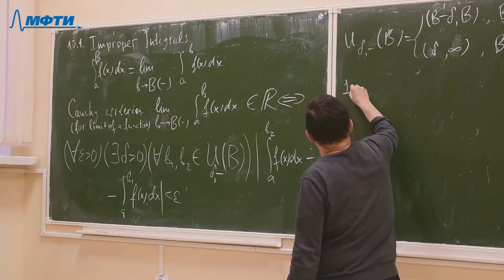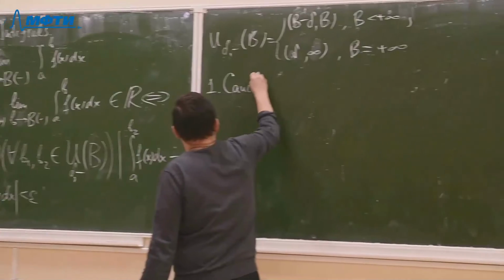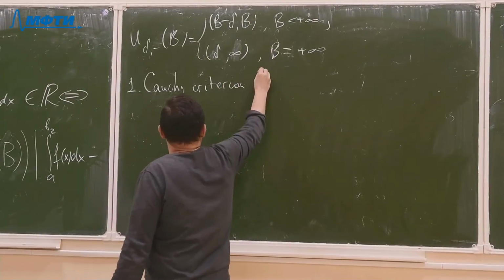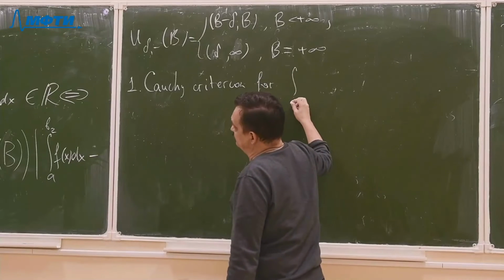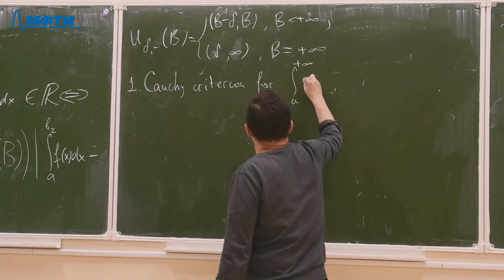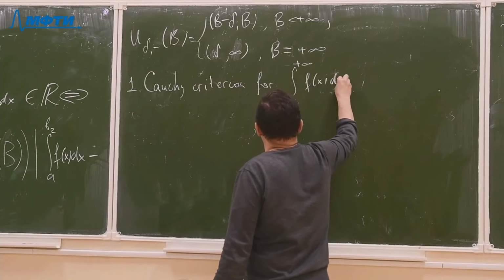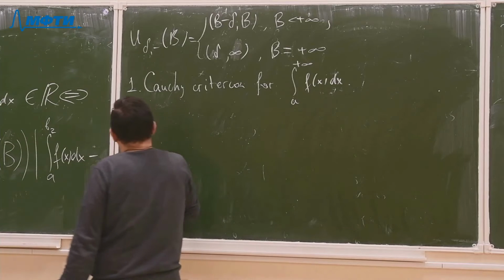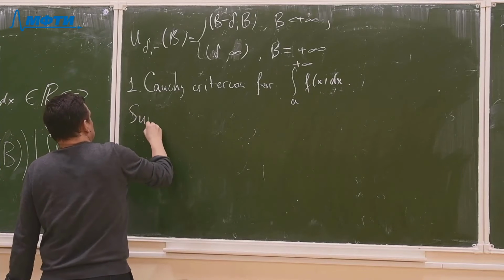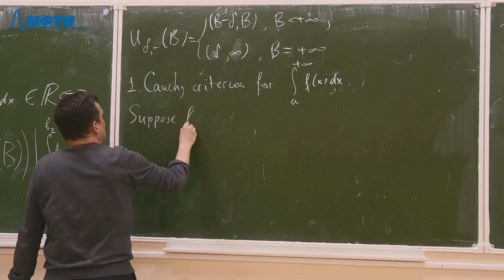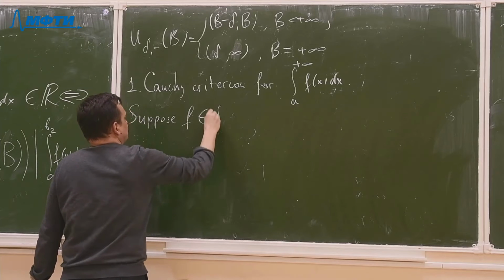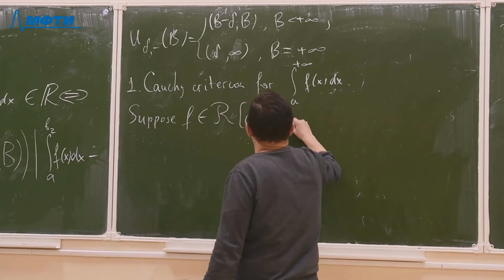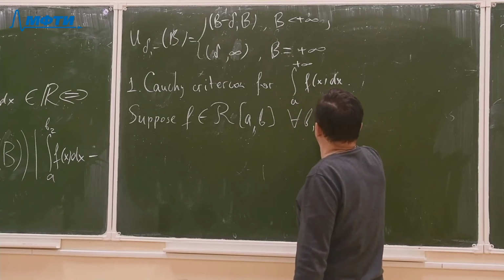First, the Cauchy criterion for the integral from a to plus infinity of f of x dx. Suppose f is Riemann integrable over [a, b] for all b greater than a.